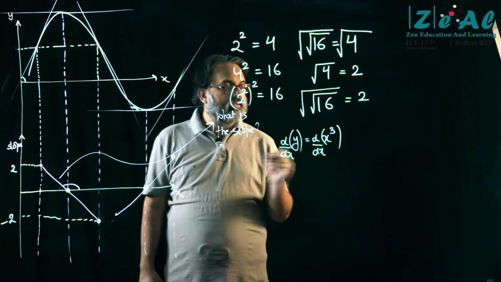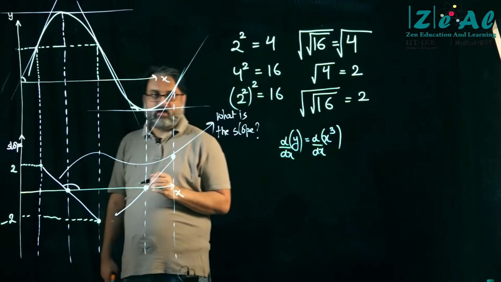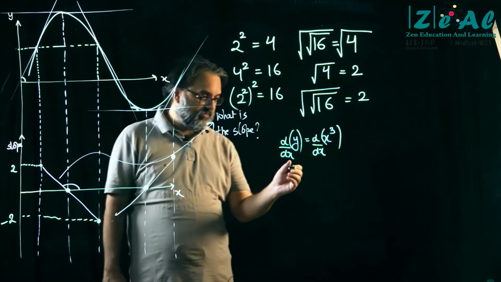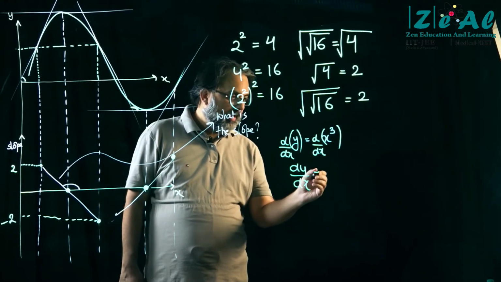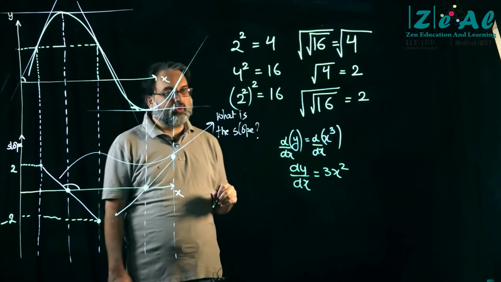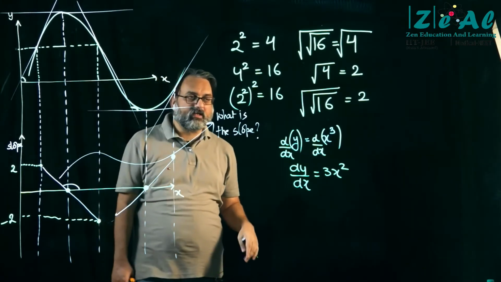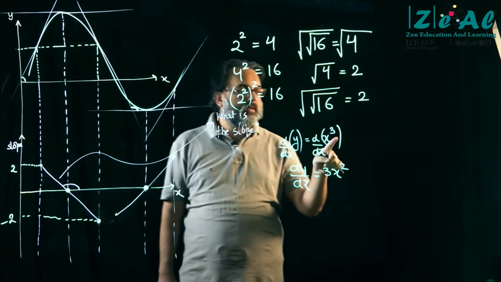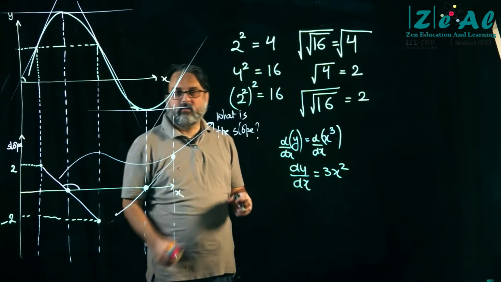Now we know the mathematical meaning, we know the geometrical meaning. The mathematical meaning would be that this would simply become dy by dx and this would become 3x square. And the geometrical meaning is that अगर हमारे पास एक ग्राफ है y is equal to x cube, then the slope of that graph is given by 3x square.